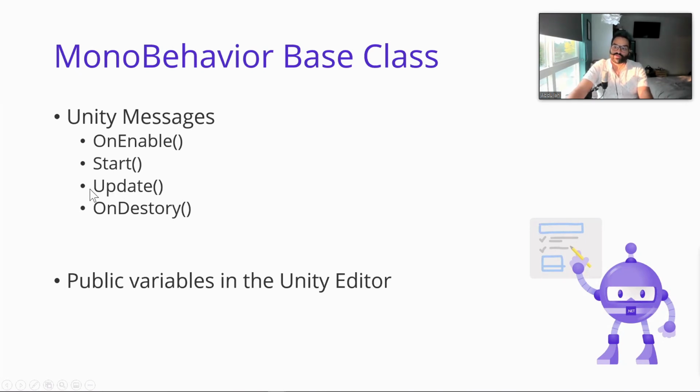So if your game is running at 60 frames per second, Update will run 60 times in 1 second. And usually when you get dropped frames, it's because something is happening in the Update function that is very resource heavy, that is slowing everything down.